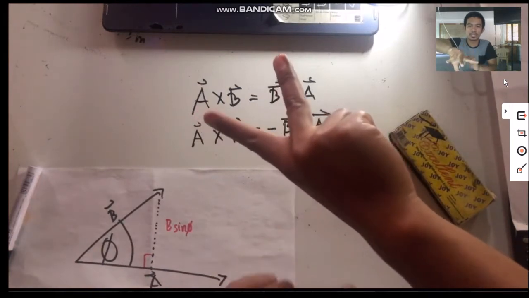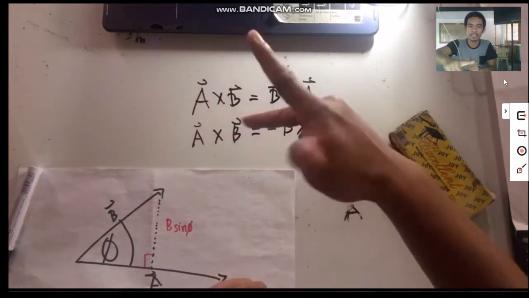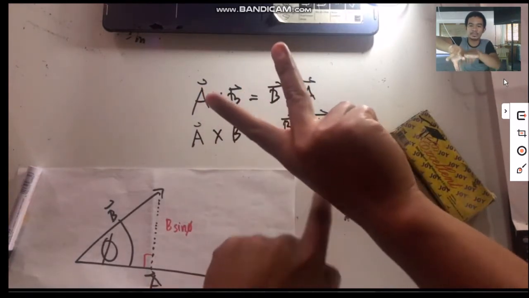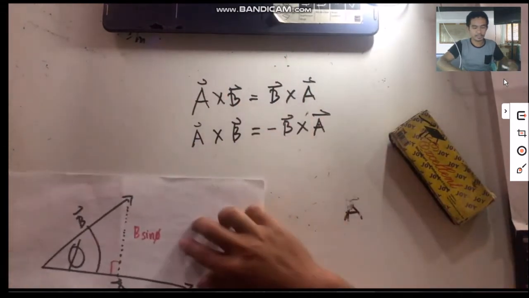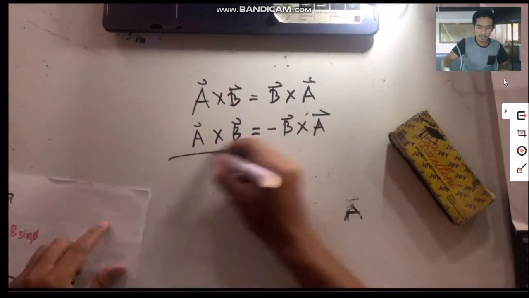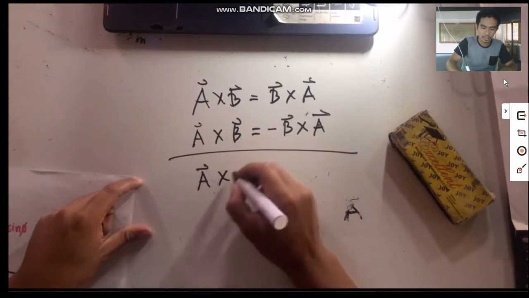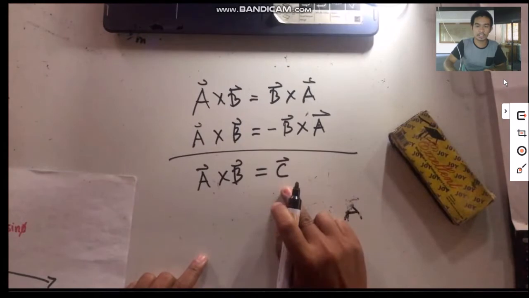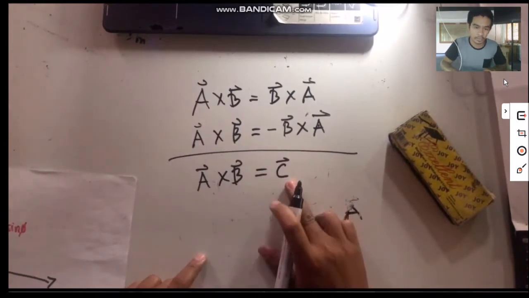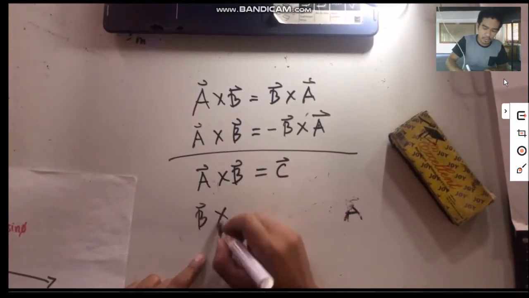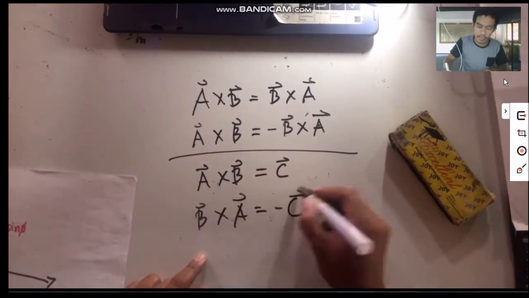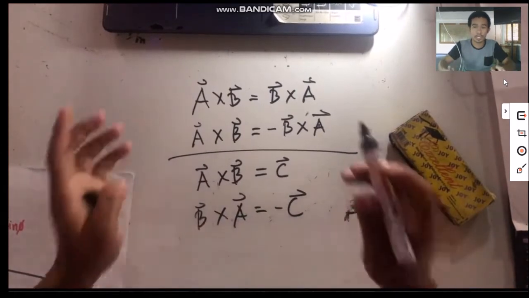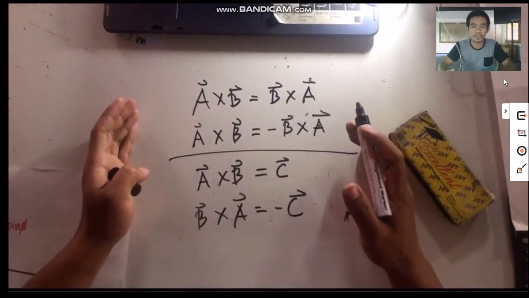It goes to the opposite direction of vector C. Now if we have vector B cross vector A, then the product is negative vector C. So if vector A cross vector B equals vector C, then vector B cross vector A equals negative of vector C. It goes to the opposite direction because the cross product of two vectors is anti-commutative.